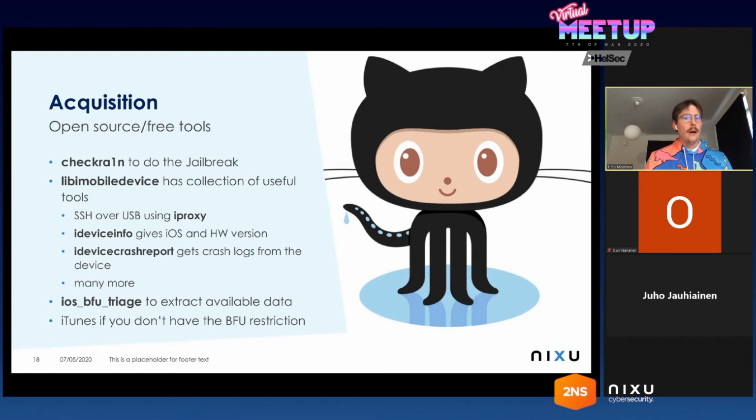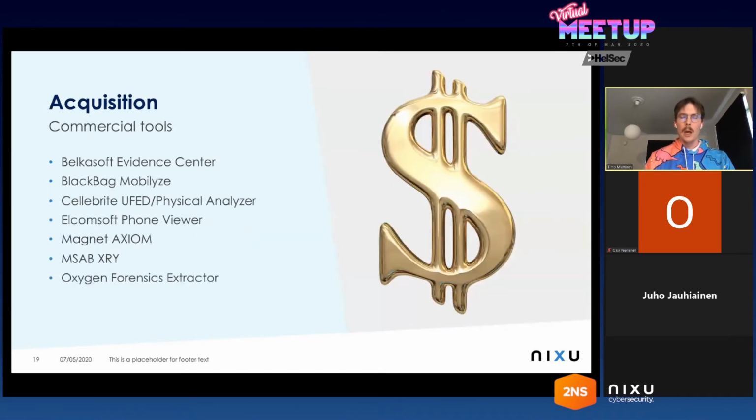And then one quite nice, it's actually a script utilizing some other tools in the background, is iOS BFU triage. It utilizes, for example, these libimobiledevice tools. And then if you're not lacking money, here's a list of commercial tools just for your reference. I'm not going to go that deep into these.